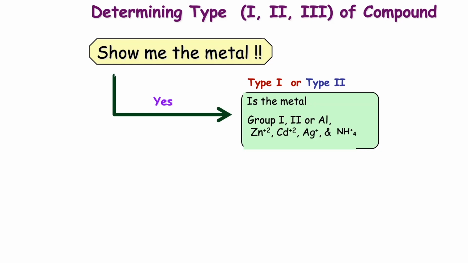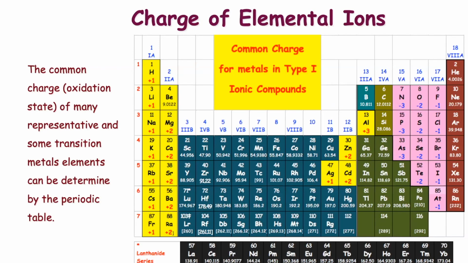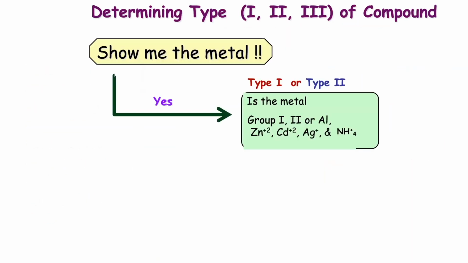All those elements are the ones in yellow right here. They have fixed charge. They don't waver. So you know how many electrons it's going to give up. You use that to determine how to name these things.